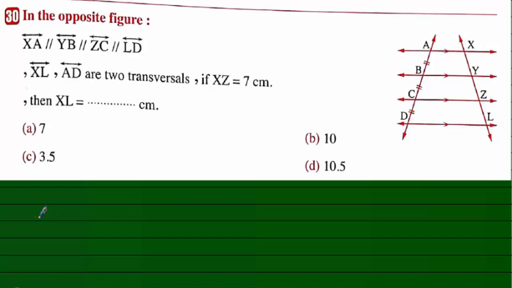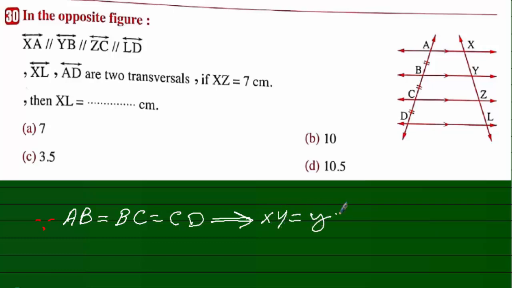So we write, since AB equals line segment BC equals CD, we deduce that XY also equals YZ equals ZL. Okay, it is a theorem.